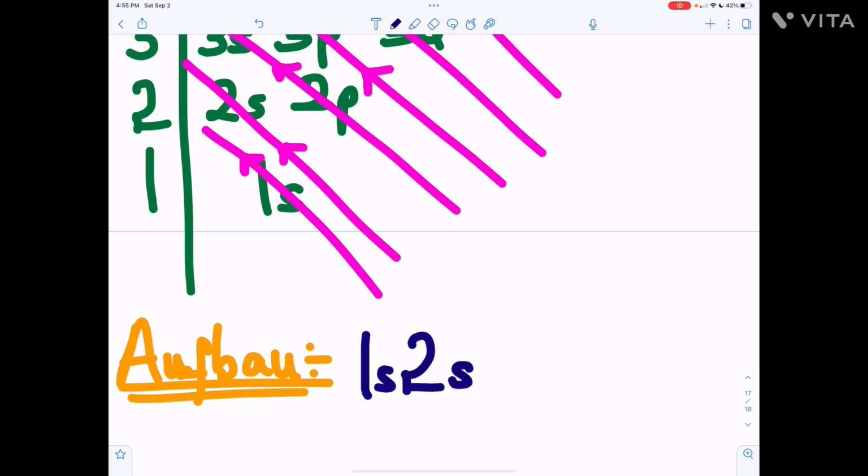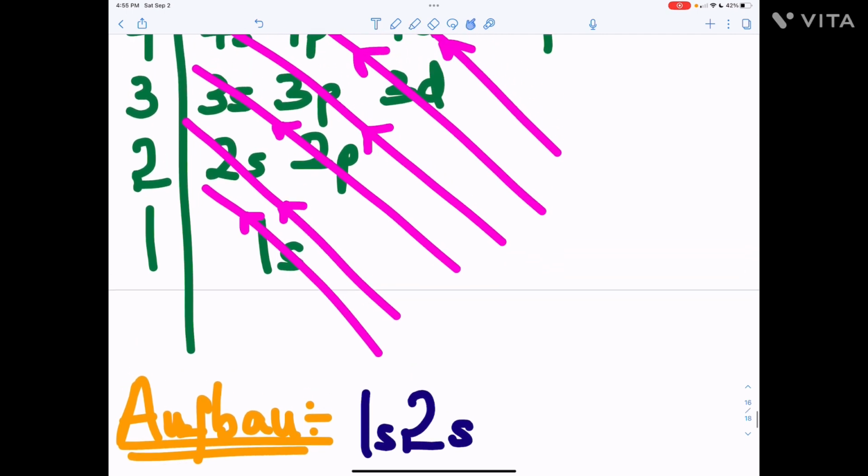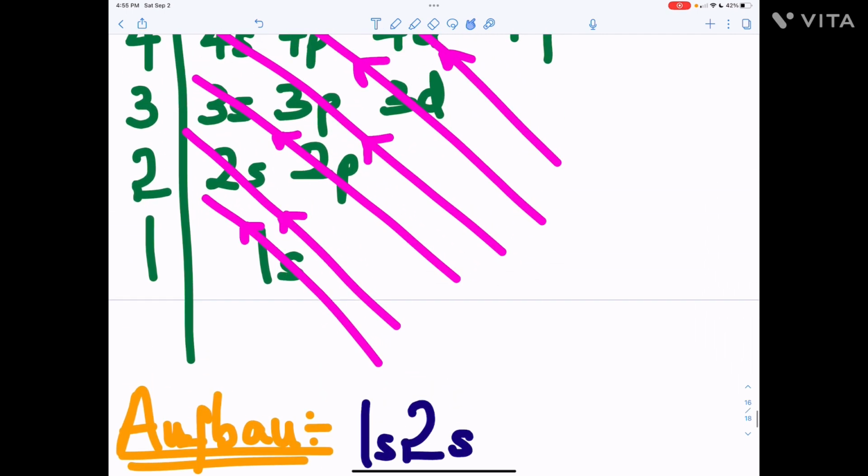I hope you can see the way I'm following the lines. I'm going 1s subshell, then 2s subshell. Then 2p, then 3s. In that order.